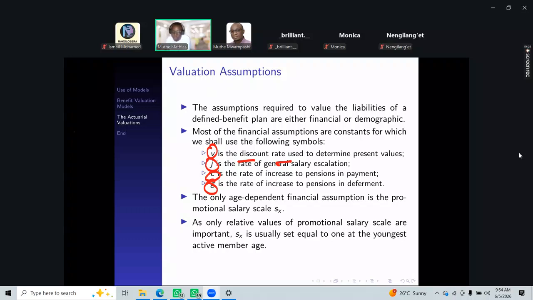So I'm going to note that by G, right? And then, of course, you can have a promotional salary scale like this one here. So I'm going to note this one by S. So remember, this is actually the growth in salary, and is more because of seniority, right? So it depends on age. So this is noted by S of X.